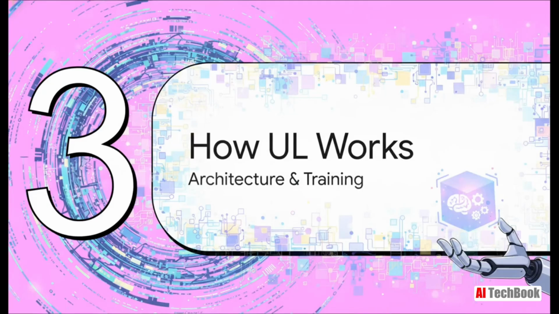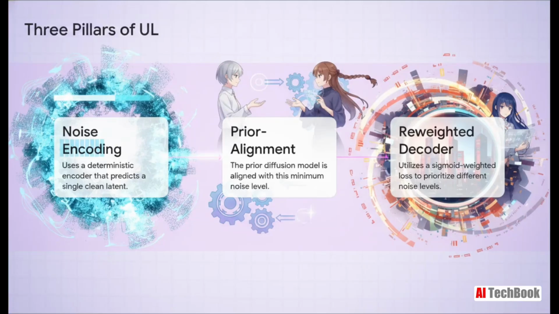So how does this framework actually pull it off? The real magic is in its architecture and the way it's trained. The architecture is built on three really clever pillars. First, there's fixed noise encoding. It strategically adds a very precise, predictable amount of static, or noise, to the data. This basically acts like a strict file size limit, giving the model a clear target for how much to compress.